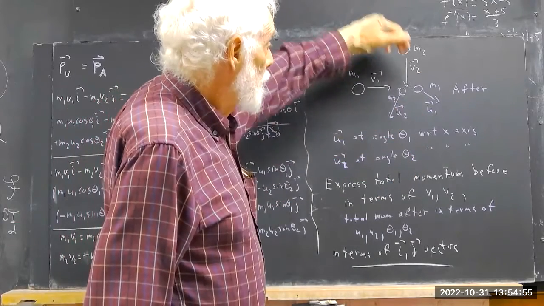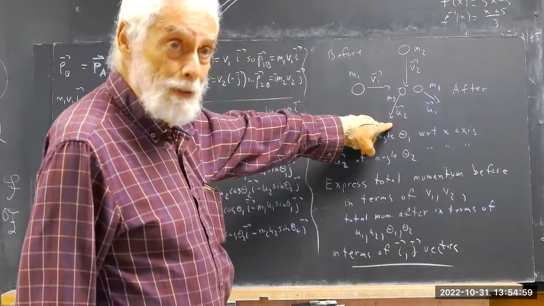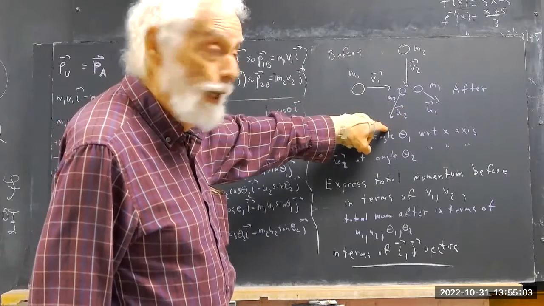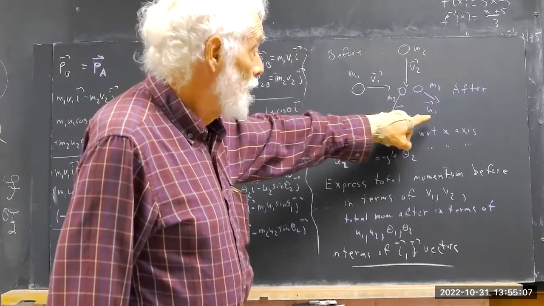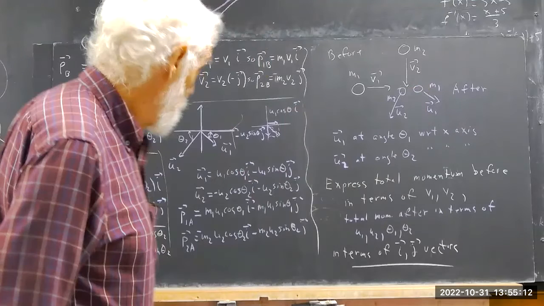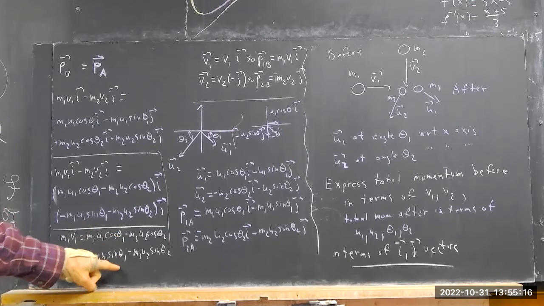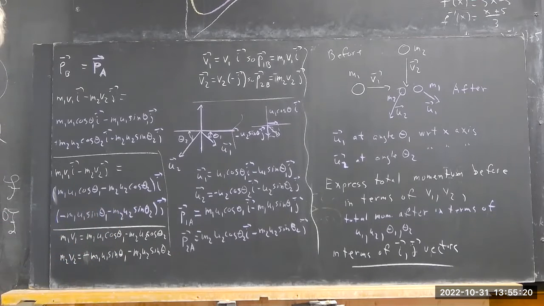If we know these velocities before collision, and we've, let's say, measured the motion of M2 after collision, then we know everything except the magnitude of U1 and theta 1. That's just two things that we don't know. We know everything else.